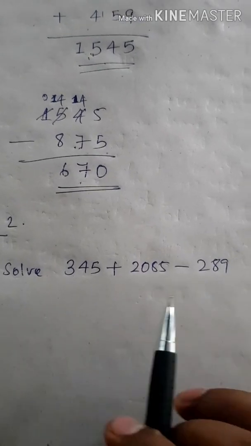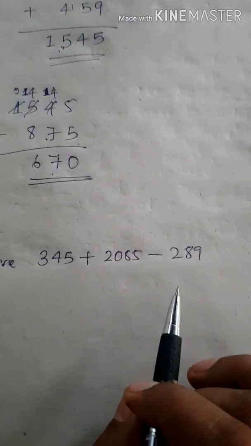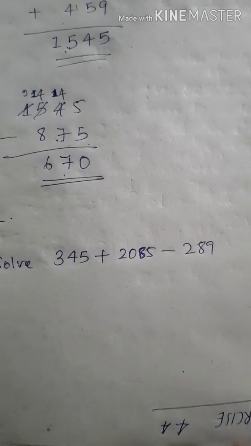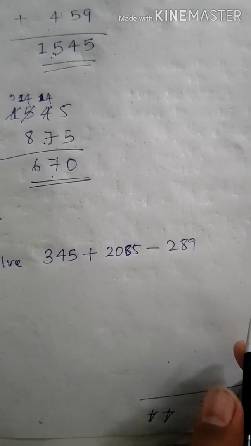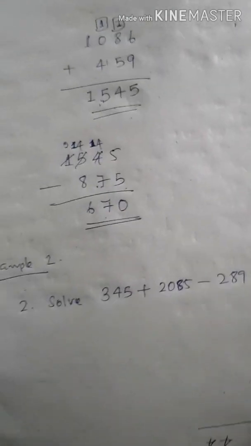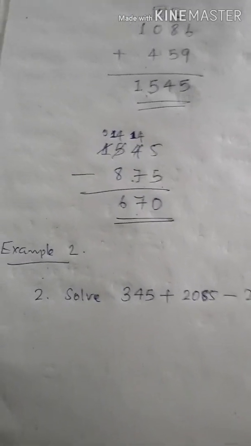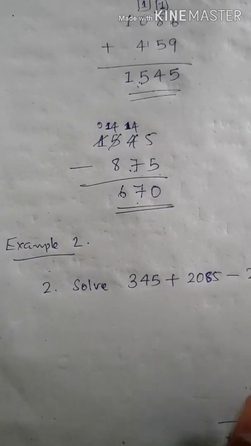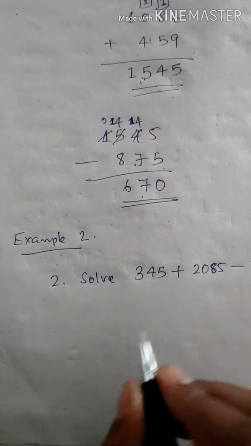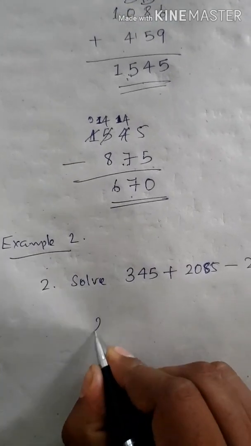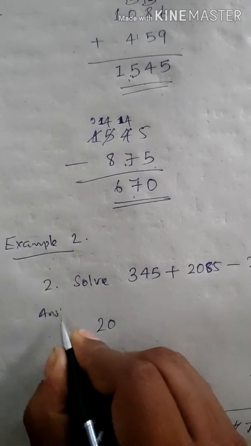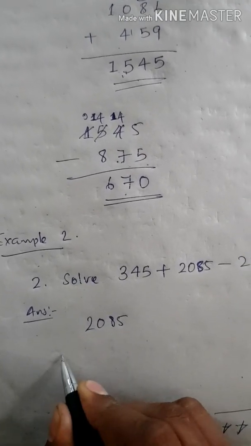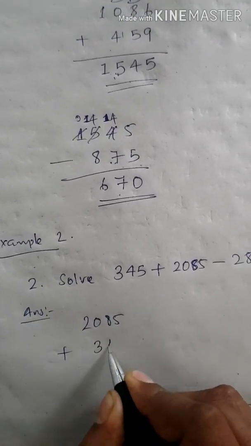Here you can see the example: 345 plus 2085 minus 289. Okay students, do this. Take your copy and do this. Okay, let us add the positive numbers first. That is 2085 plus 345.